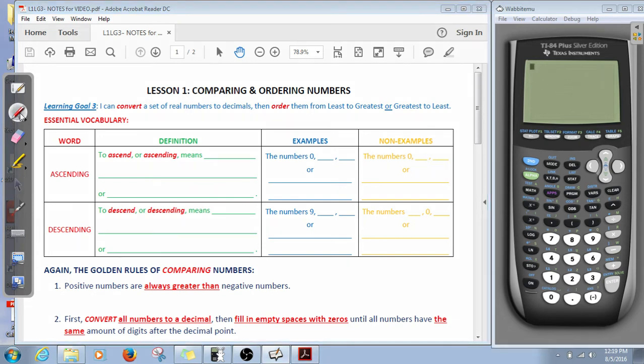Let's get started with our essential vocabulary. We have ascending and descending. You can probably tell that they are related. They are considered opposites. To ascend or ascending means getting bigger. Getting bigger.